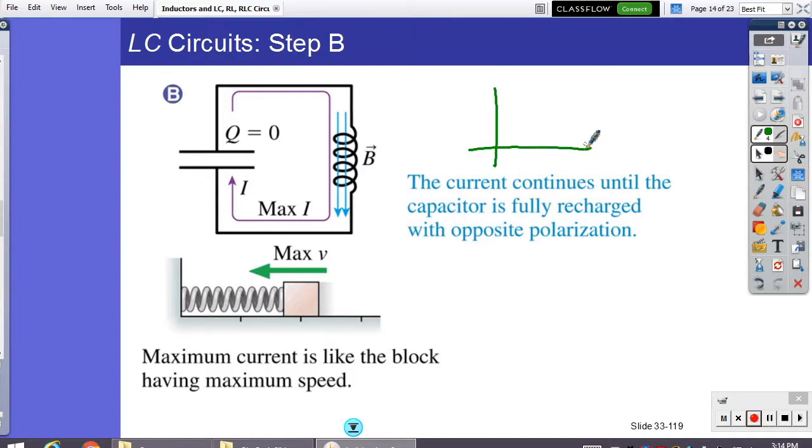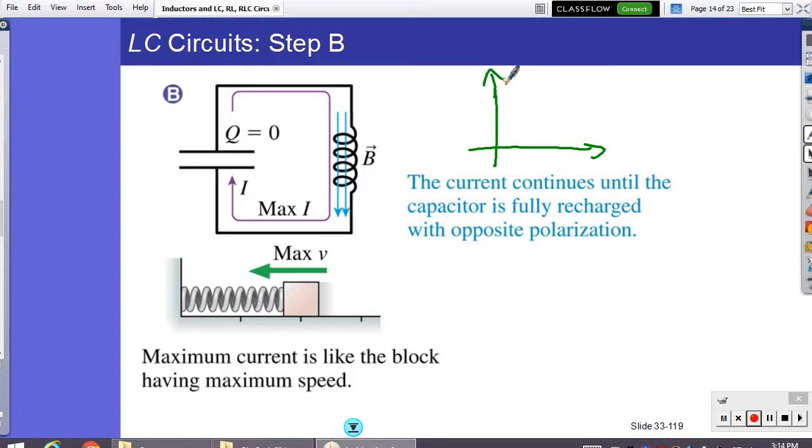Now, as that spring starts to move, you get some current going through our system. And again, over time, inductors try to fight change, but like most things, they can't fight it forever. So eventually they get used to it, and our current starts to rise. What happens over time is that the charge on our capacitor runs out. And when the charge on our capacitor runs out, it's not pushing current as hard through our circuit, kind of like how there's not as much force on a spring that's at equilibrium.